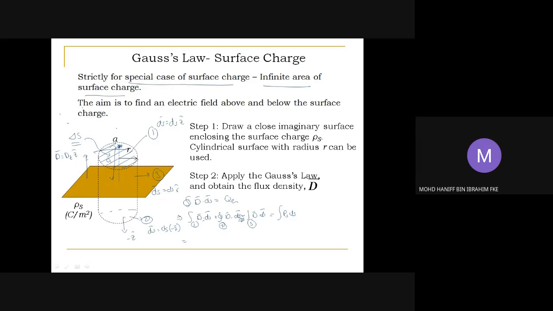So for the top surface, your flux density should be Dz in the direction of z, whereas for the bottom surface, your D vector should be Dz in the direction of negative z, because the direction of the flux is normal with regard to the surface. Am I right?